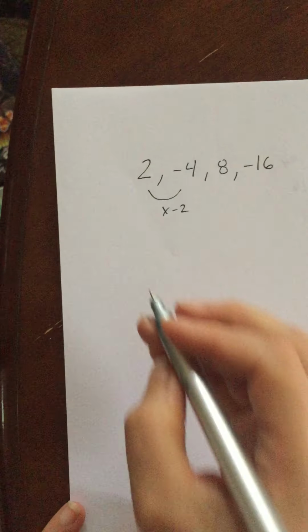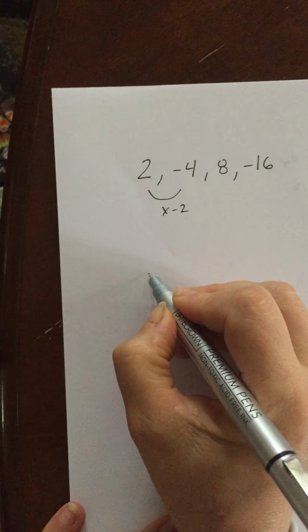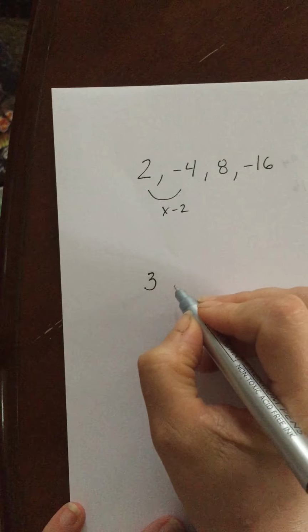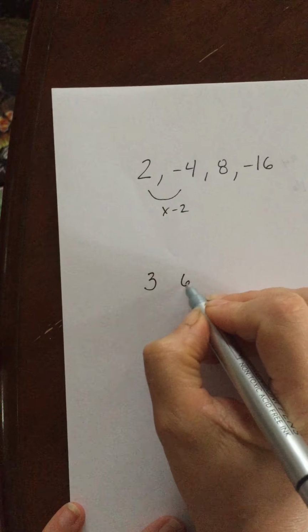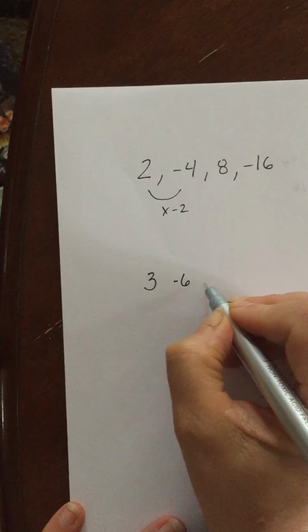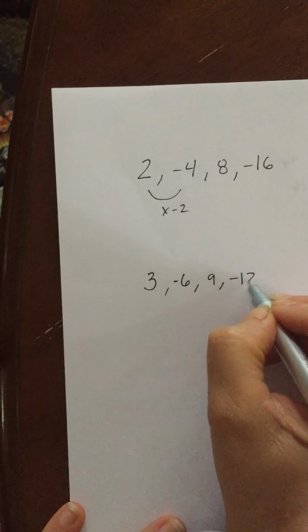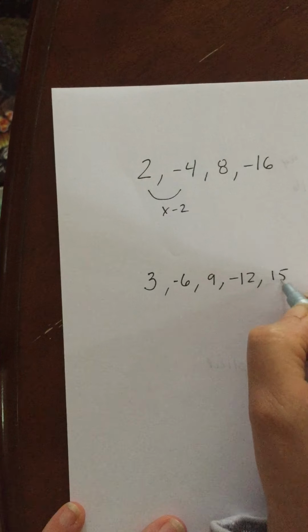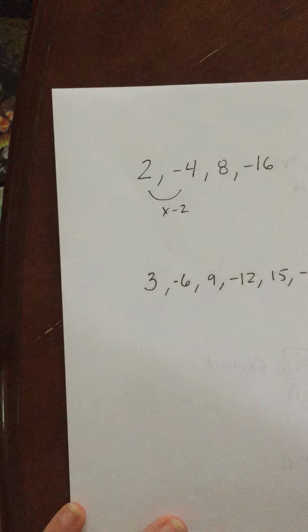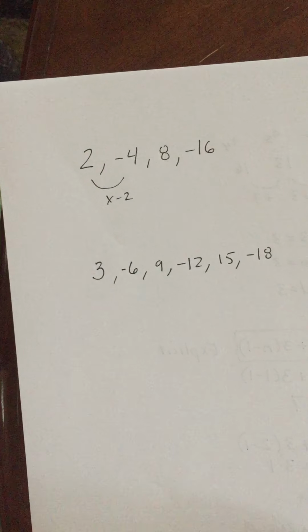Okay, so you can also have something like, let's say that I make one like this: 3, then -6, then +9, then -12, then +15, then -18. So this one is a little deceptive.